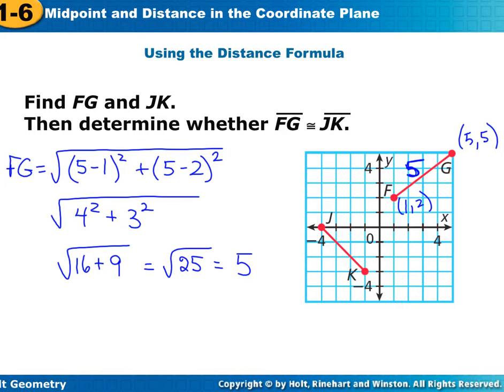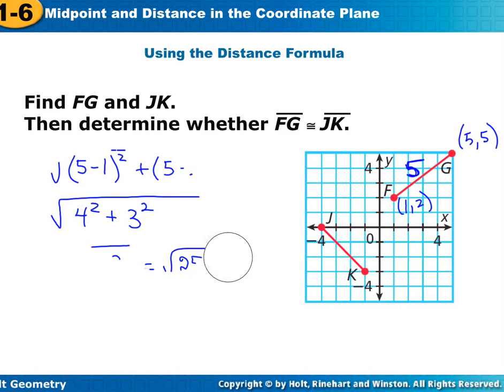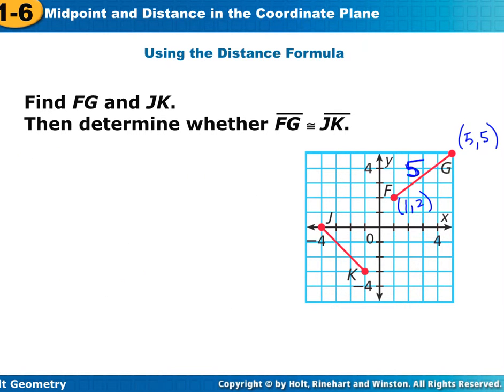Okay, now we need to figure out JK. So what are the coordinates of J and K? J is negative 4, 0. K is negative 1, negative 3.